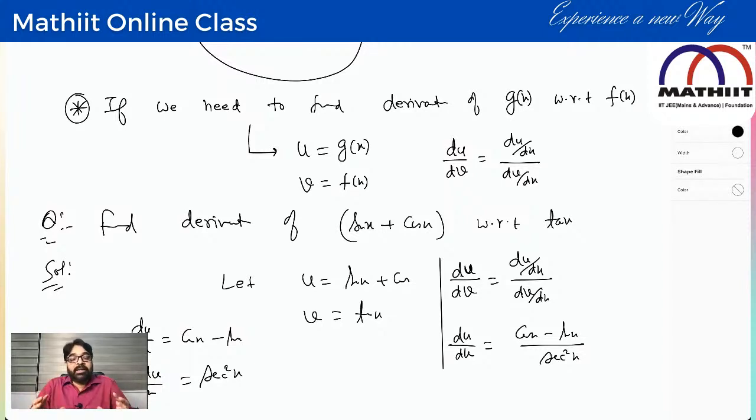What I'm trying to tell you is that we will not try to mix so many concepts together. Only one concept, differentiation, we have to do, basic logic, and parametric form is coming. So parametric form anyway can come. That is what I mean to say.